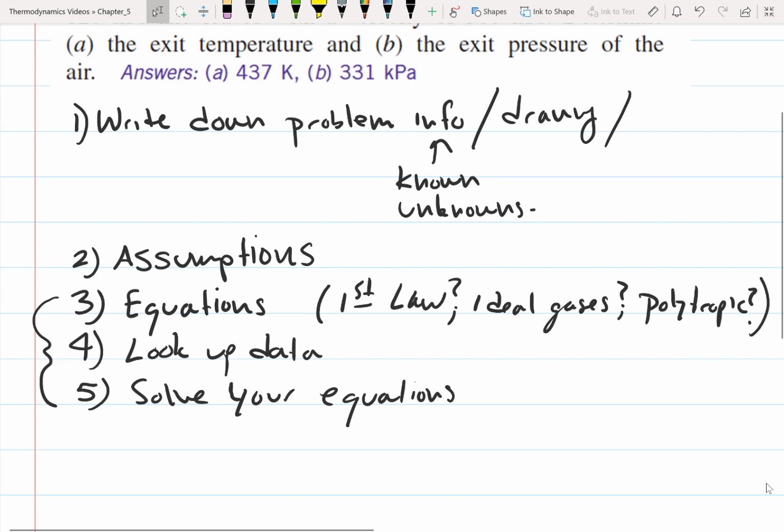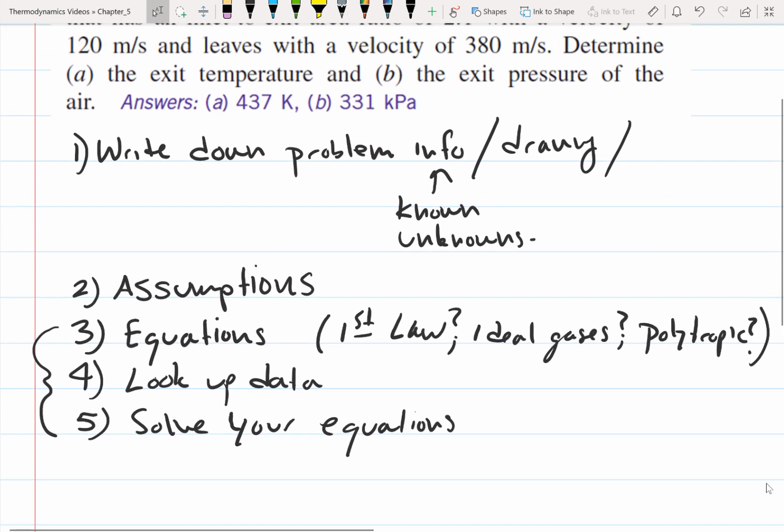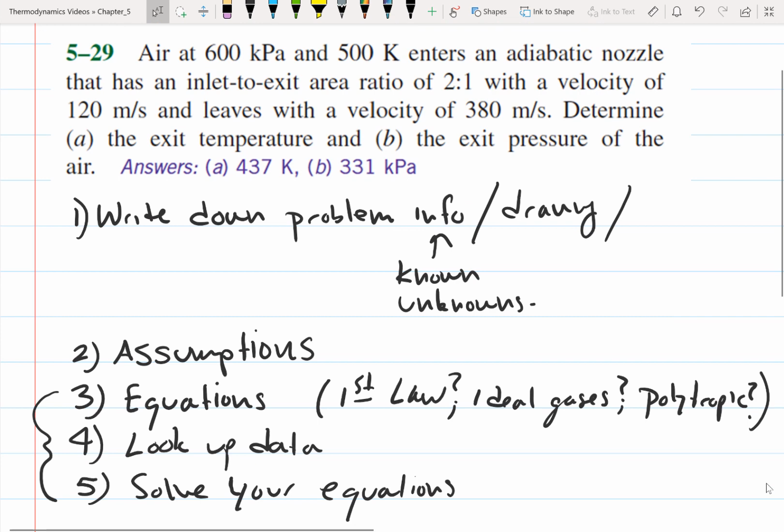I'll start solving, and then it's like, oh, I actually need this other equation too, and then I go back and figure out the second equation. So if you don't get everything on each step, that's fine. These are just the general steps you want to follow to get your problem set up the same way each time. It's going to make it a lot easier to solve these problems if you have a set way that you always approach solving them.